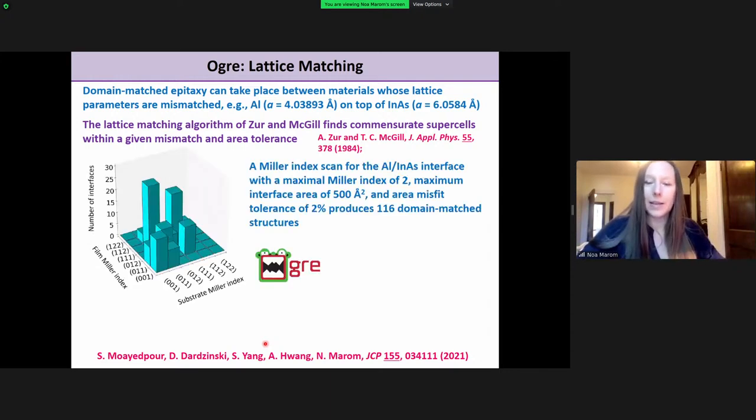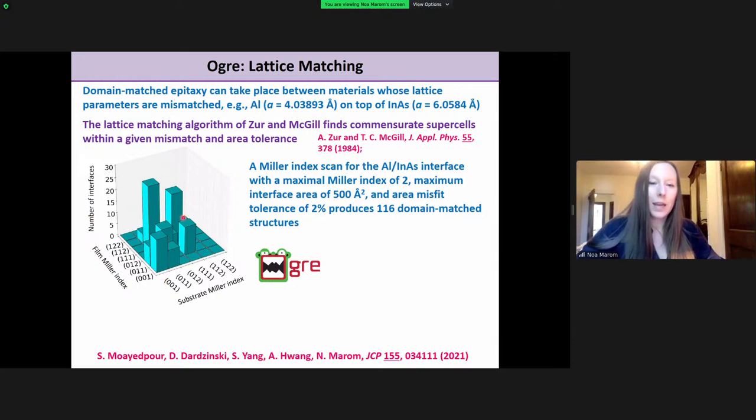So here you can see the results of a Miller index scan of the interface between aluminum and indium arsenide. And what that does is it goes through all the combinations of Miller indices of substrate and film, and it'll find all the possible domain matched interfaces within your misfit tolerance and area tolerance.